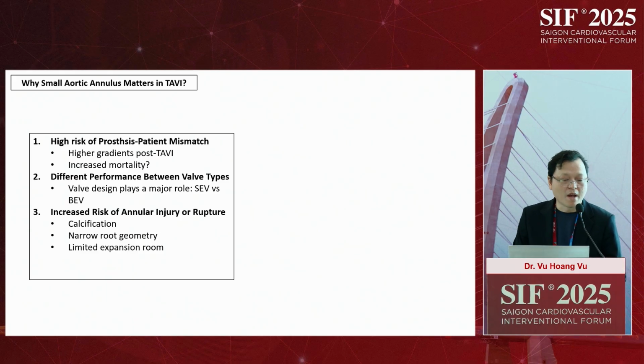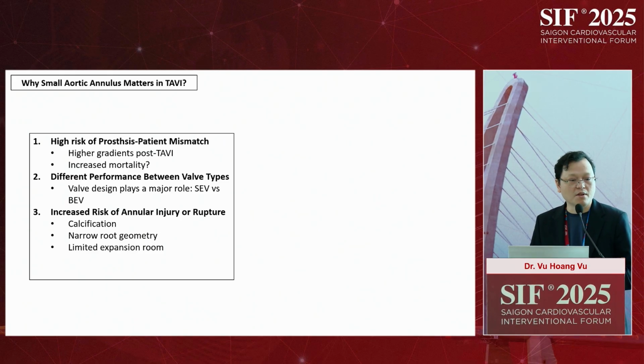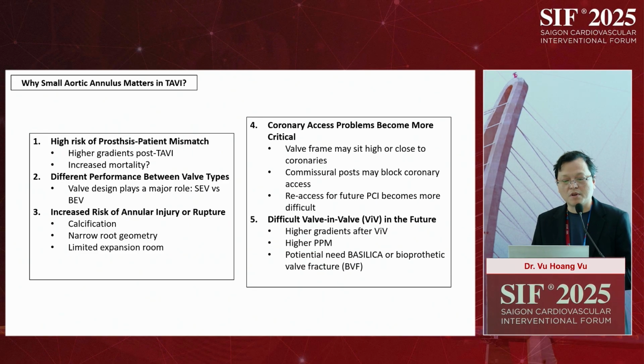We also have an increased risk of annular rupture or injury because it is a small annulus. So we have a lot to be concerned about when we do TAVI in the small annulus. And a very common problem in long-term follow-up and lifetime management is that coronary access with a small annulus is usually more difficult than with a nominal annulus.